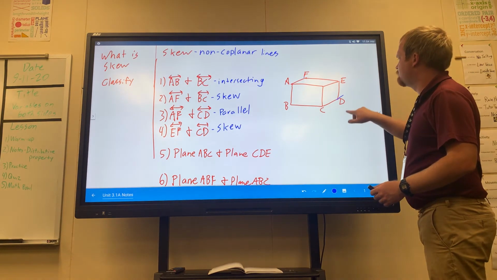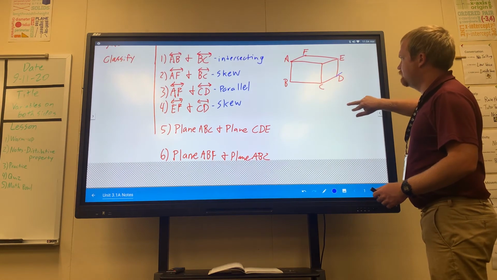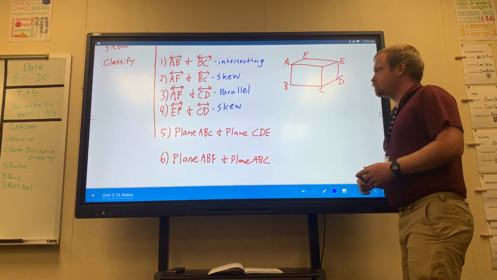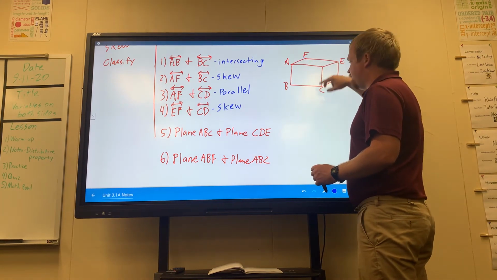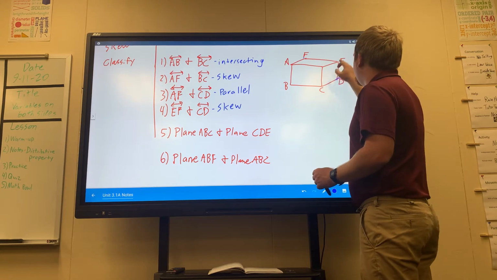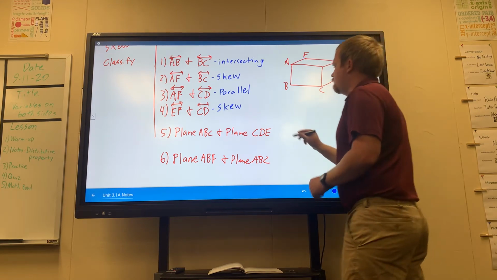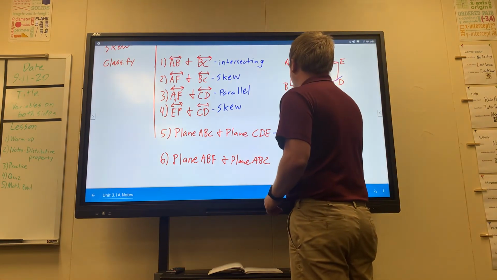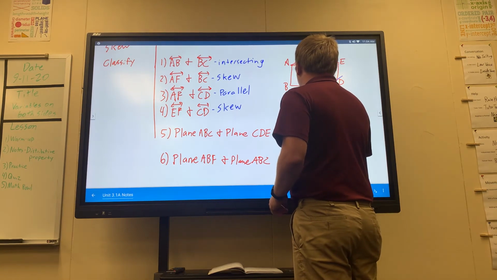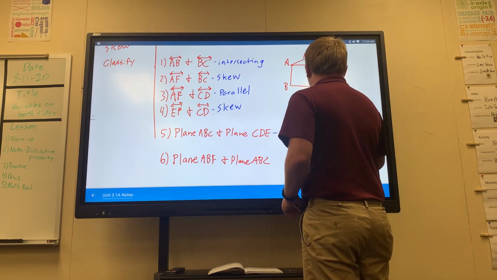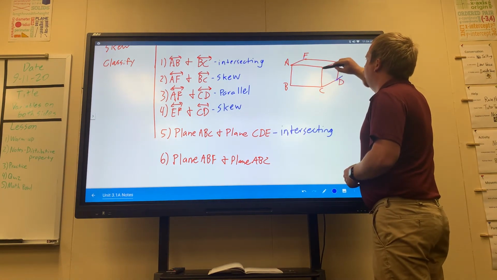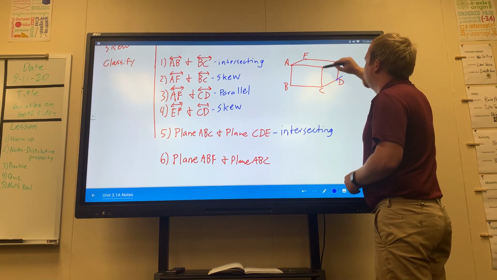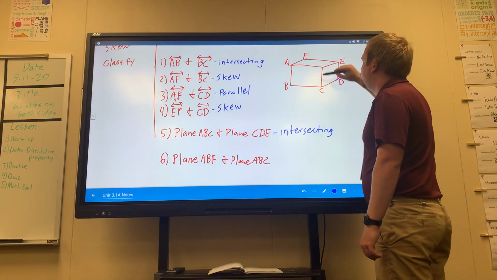Now, what about plane ABC, so this plane right here, and plane CDE? Well, they are actually intersecting, and their intersection has to be right here. This is where their intersection is.